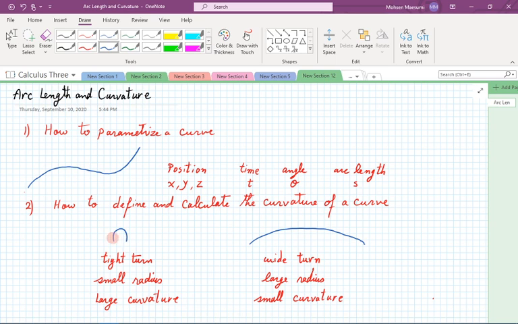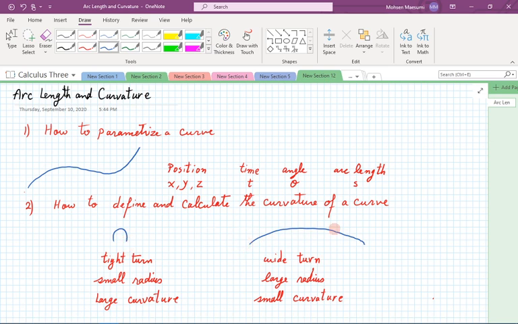So if you go on a tight circle like this, you say you're going on a tight turn. But if your car takes a very big distance to turn a bit, you are going to say you are in a wide turn. For this kind of situation, we associate a small radius to that.